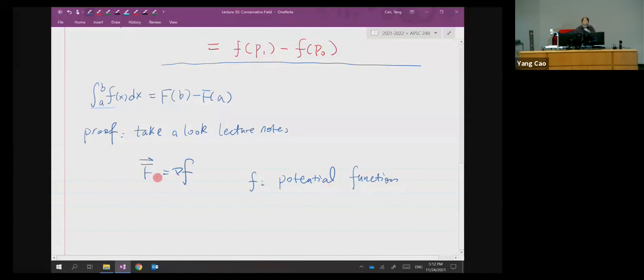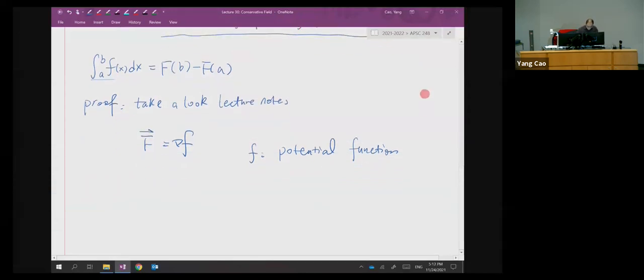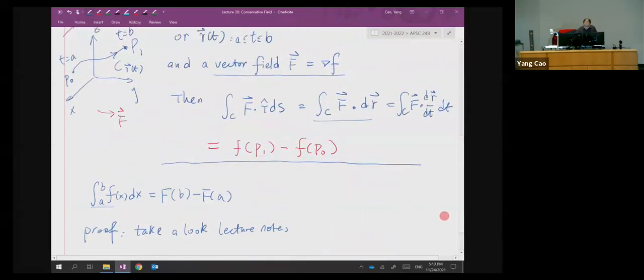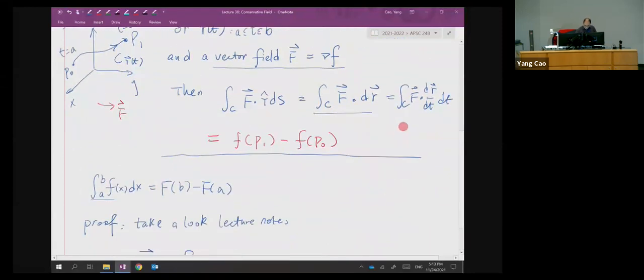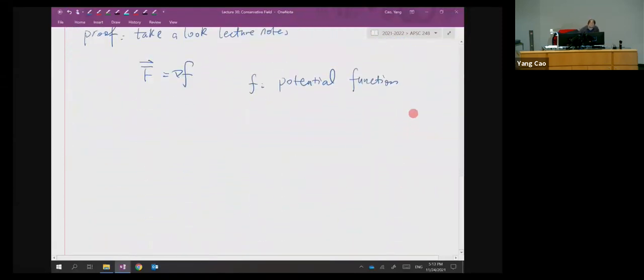All right. So let's take a look at an example first of how this theorem can actually help us to calculate some vector line integrals. Example number one, and just one example should be enough.